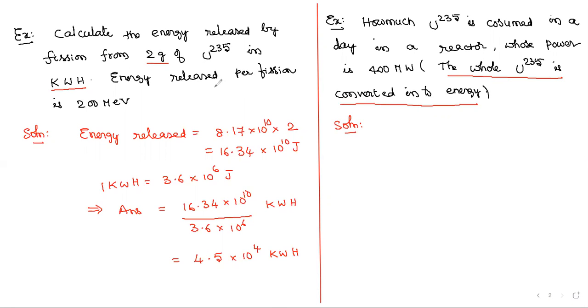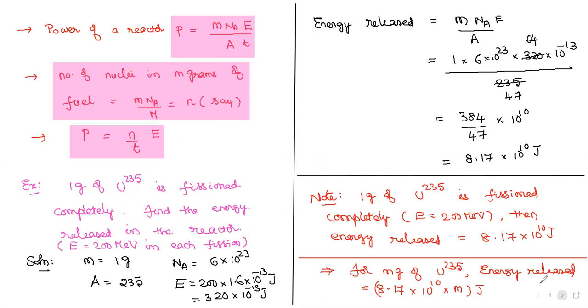Usually they give the mass and ask the power. But this time power is given, mass he is asking. So I use my formula, sir. Power is equal to M into NA by A into E by T, or else you gave one shortcut also, for 1 gram.